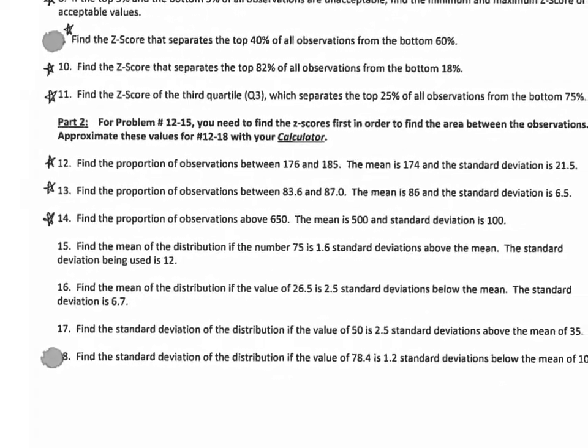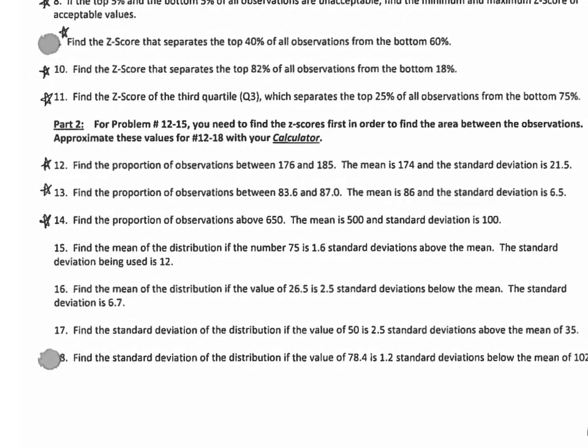All right, so move on down to number 12. Number 12 says, find the proportion of observations, that's that area or that's probability, between 176 and 185. The mean is 174, standard deviation 21.5. Well, could you go to your z-chart, or put on your calculator norm CDF from 176 to 185?